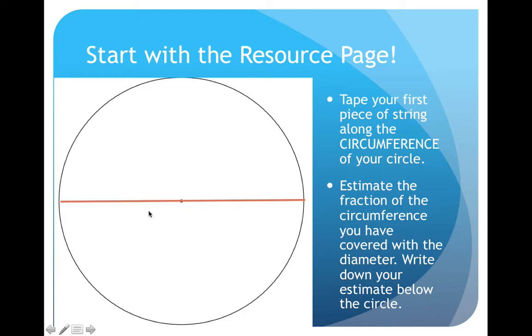Estimate the fraction of the circumference you have covered with the diameter. So I want you to write down what fraction you think that piece of string is covering on the circumference. If you wrote down 1/3, then you are correct.